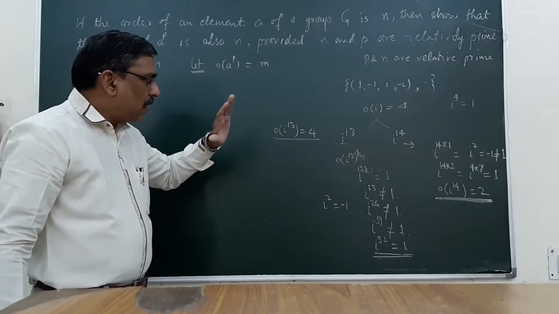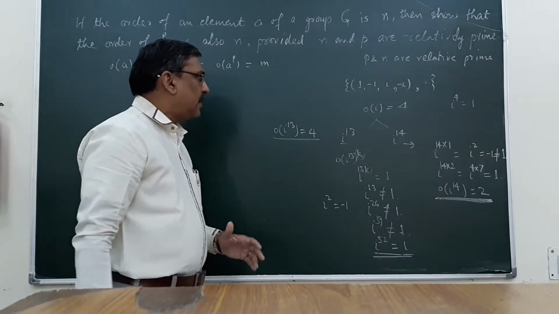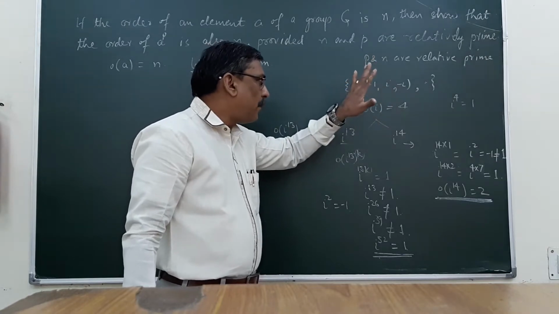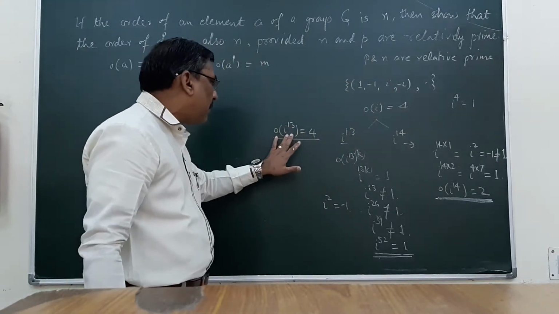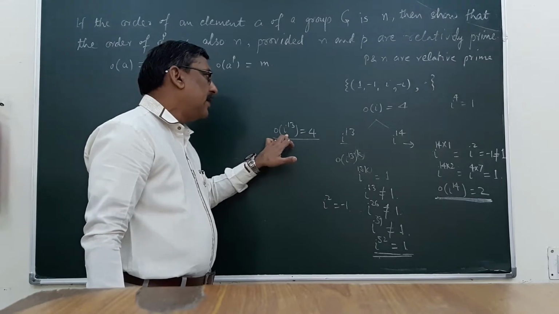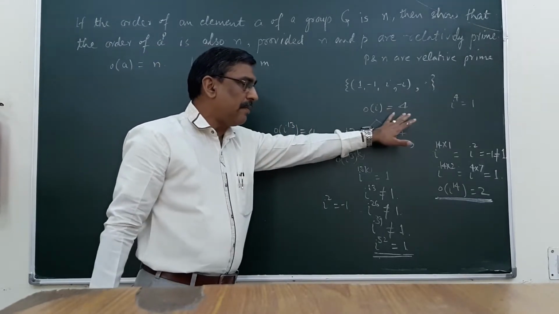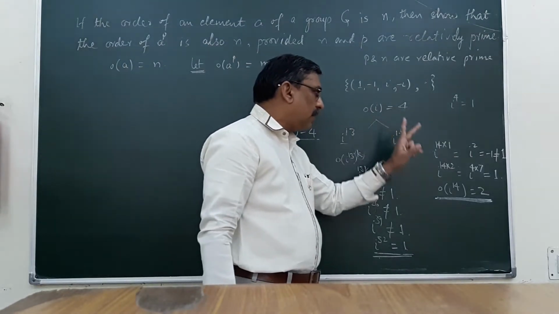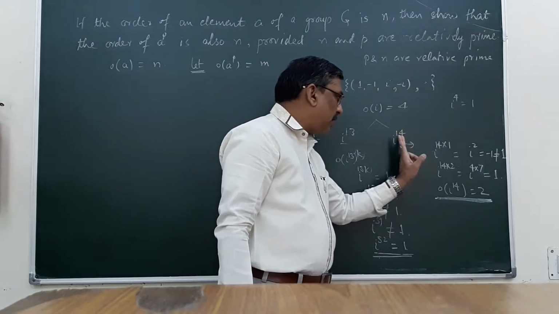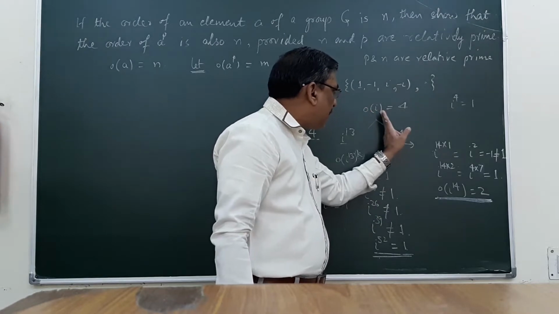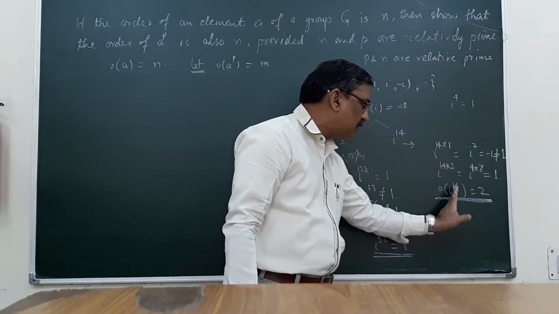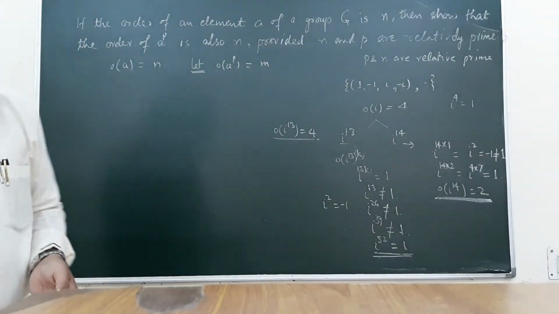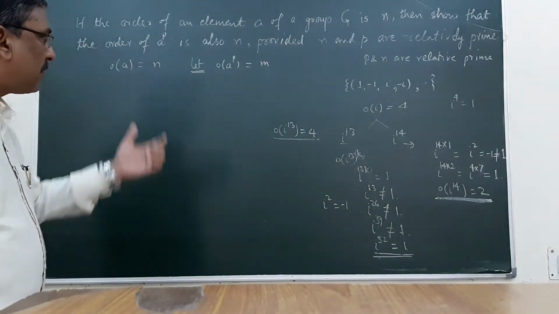So we can easily see that if the order of the element is prime to the power, then the order will remain the same. Otherwise, if they are not relatively prime, their order will be different. Order of iota is 4 and order of iota raised to the power 14 is 2. Clearly, this example shows our result.